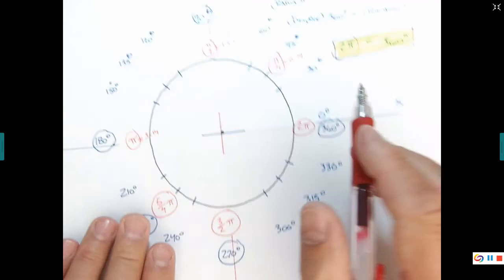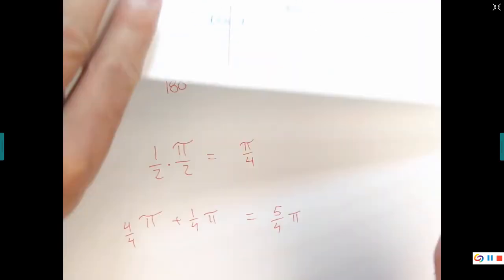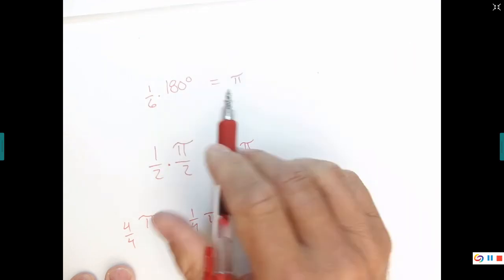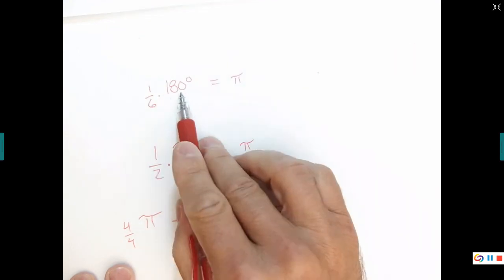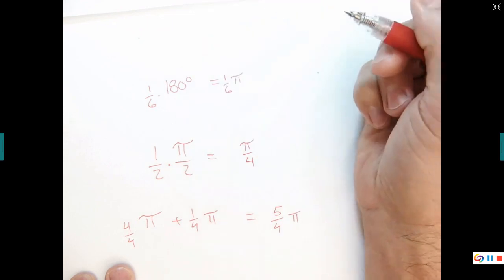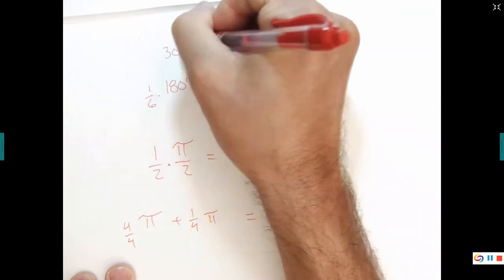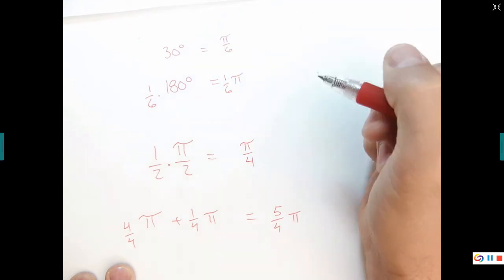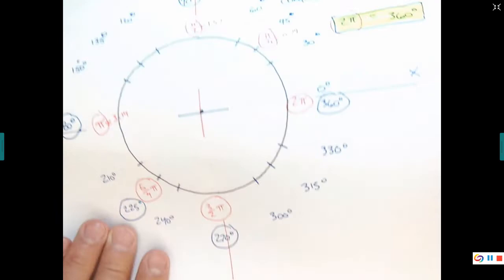Now what I'm looking for is the radian measure at 30 degrees. Well, if I multiply this side by 1/6, 1/6 of 180 is 30 degrees. I just multiply this side by 1/6 as well, so I get 30 degrees is equal to 1/6 pi, commonly written pi over 6.